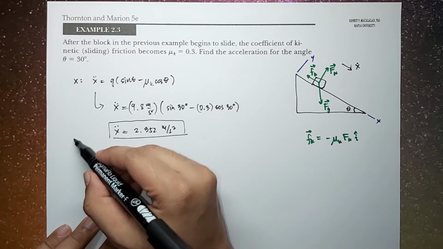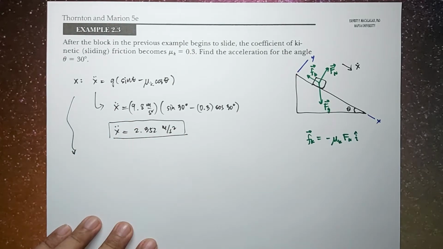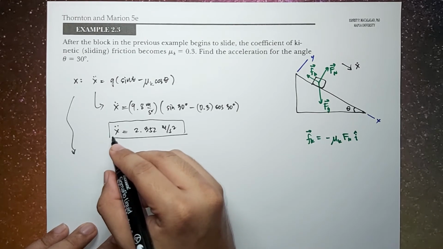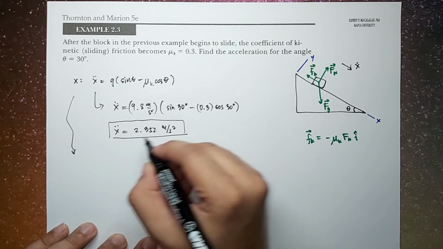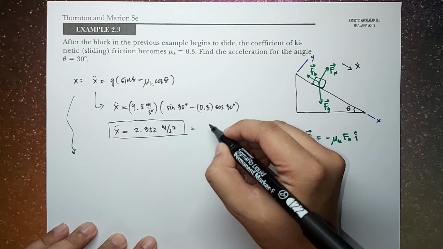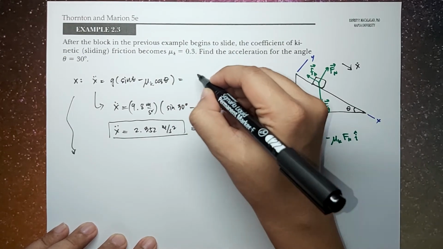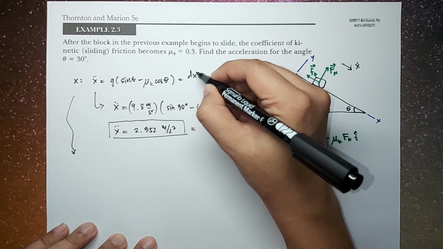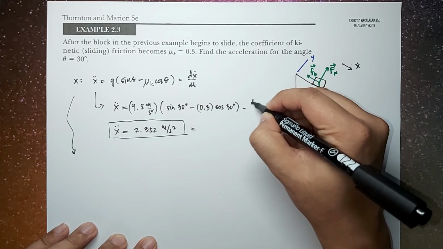Now we can have some additional analysis here, wherein we could calculate the velocity as well as the position. Remember that this is acceleration, so this is the derivative of x dot with respect to time.